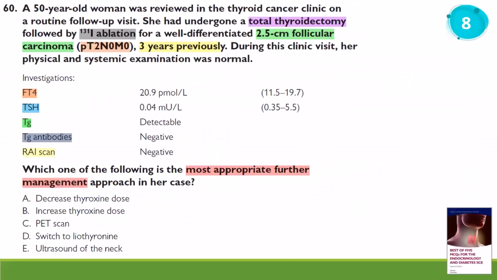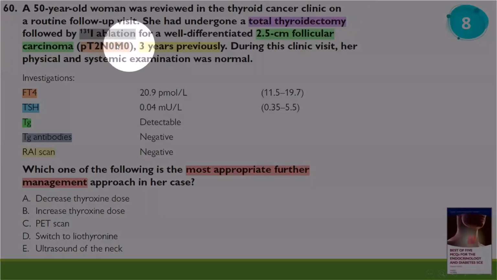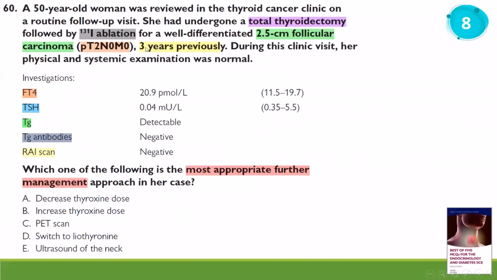This is a question from a textbook. This is a 50-year-old woman reviewed in the thyroid cancer clinic for routine follow-up. The patient underwent a total thyroidectomy followed by radioactive iodine ablation for a well-differentiated 2.5 centimeter follicular thyroid cancer, with no node and no distant metastasis, N0, M0, 3 years previously.